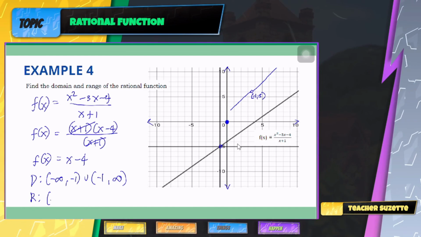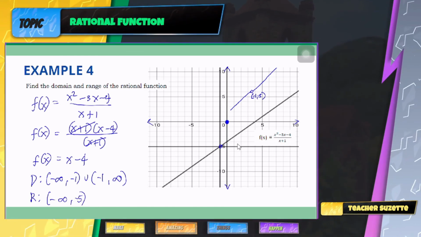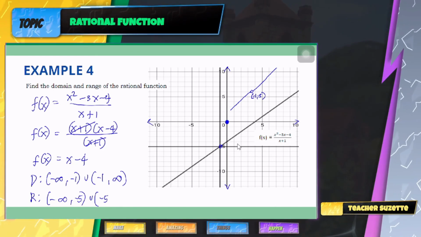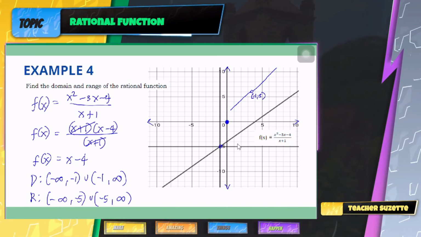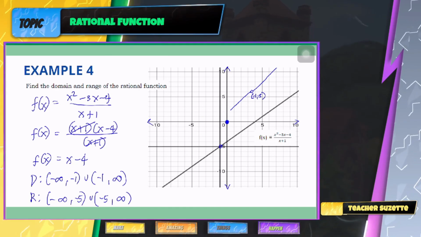So, dito, you will have negative infinity, negative 5, union of negative 5, positive infinity. So, that's it po for domain and range of a rational function.